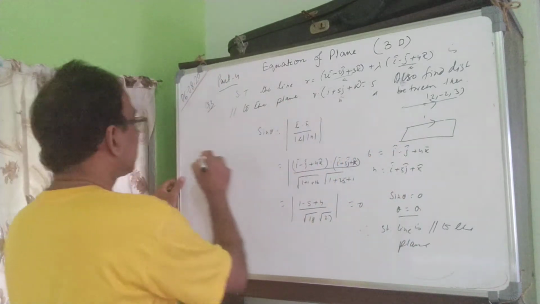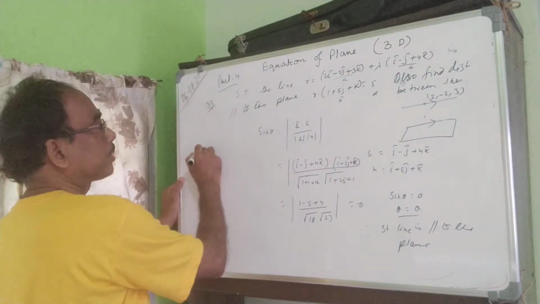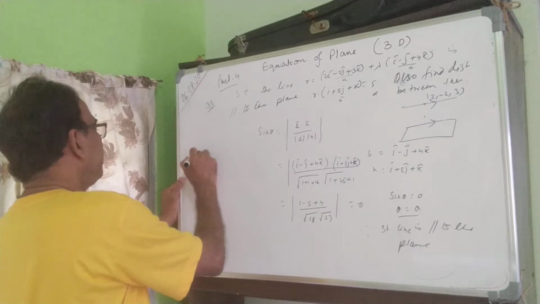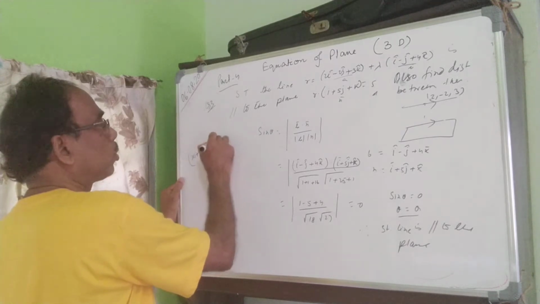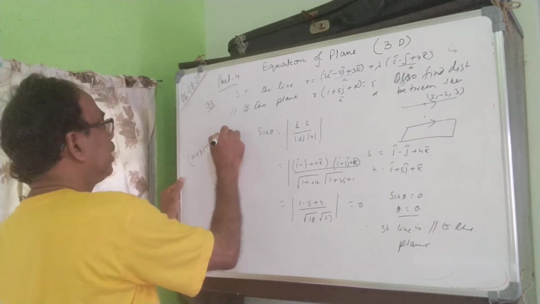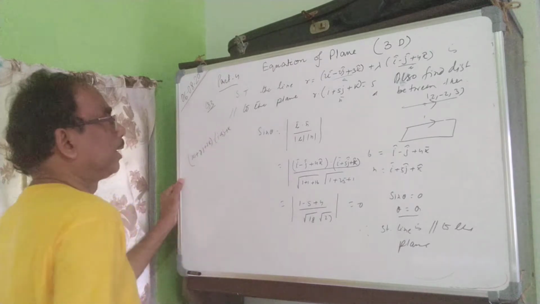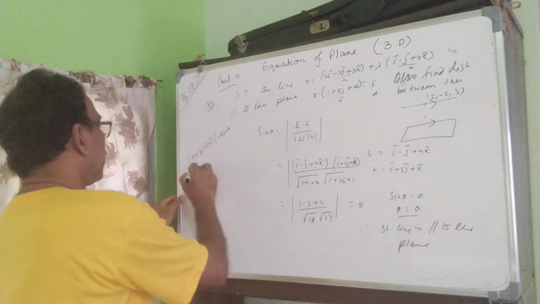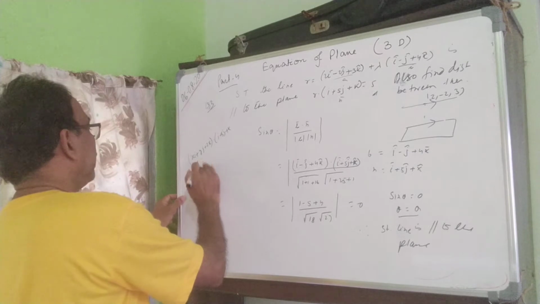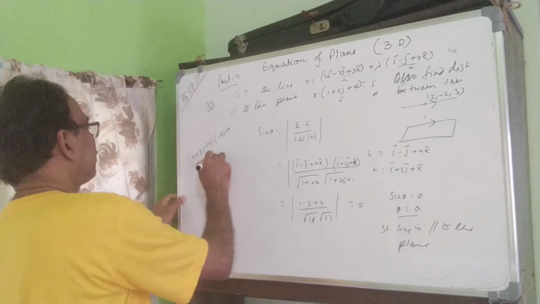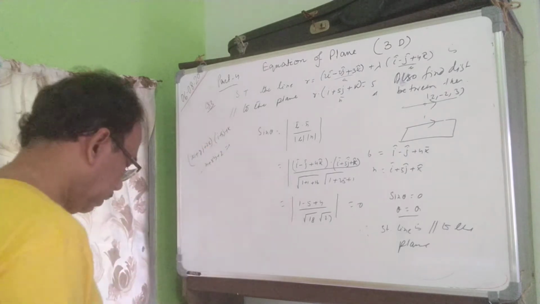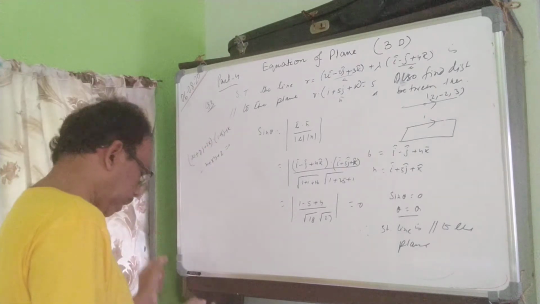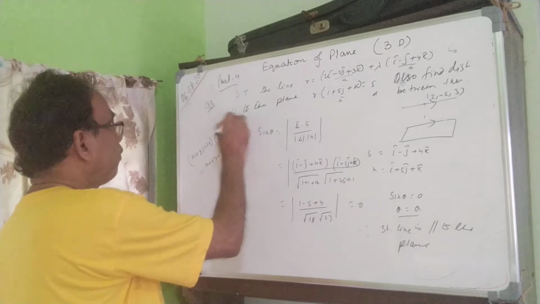Suppose r is xi plus yj plus zk, dot (i plus 5j plus k). That gives x plus 5y plus z equals 5.